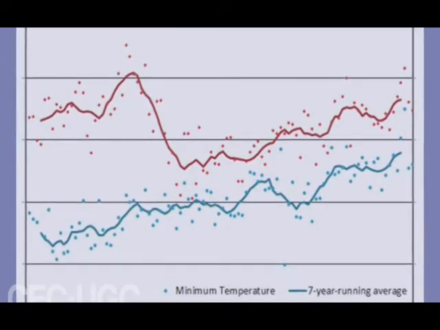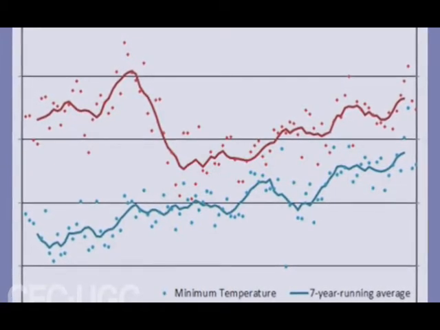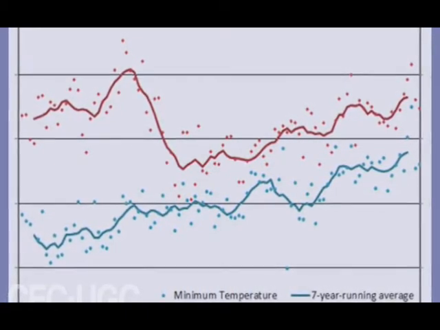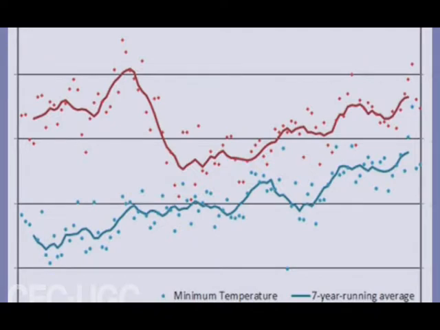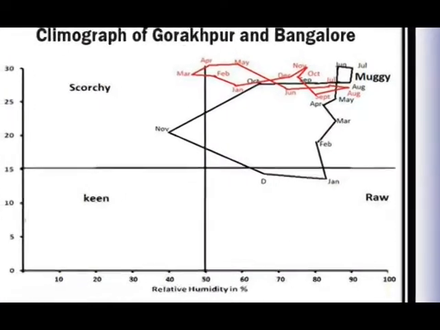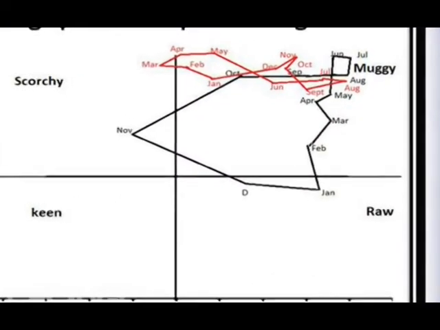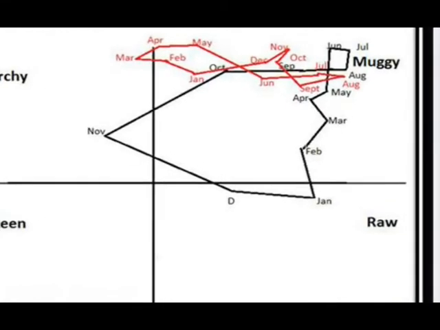It can suggest the suitability of agricultural crops to be grown during this period. The climograph of Bangalore shows that the city has a very pleasant climate throughout the year. Summers and winters are mild, and there are slightly muggy conditions during the monsoon, that is, during June to August. This again indicates crop suitability to the prevailing conditions.